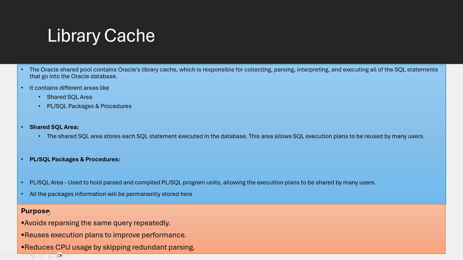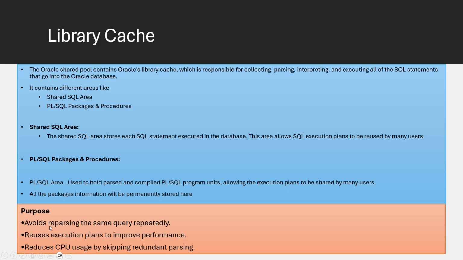Okay. So the purpose of this library cache is to avoid reparsing the same query repeatedly. This library cache will have an execution plan, and reusing that execution plan improves your performance. That reduces your CPU usage by skipping redundant parsing. It allows a SQL query to go through soft parsing.